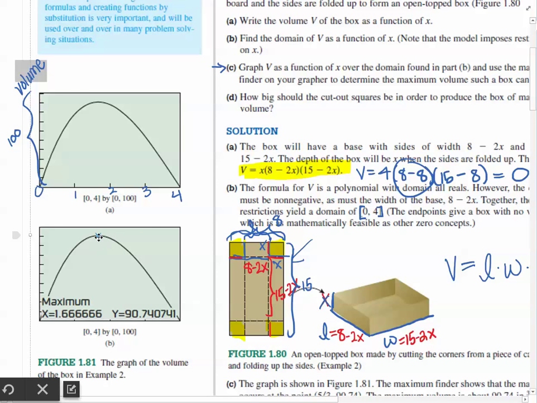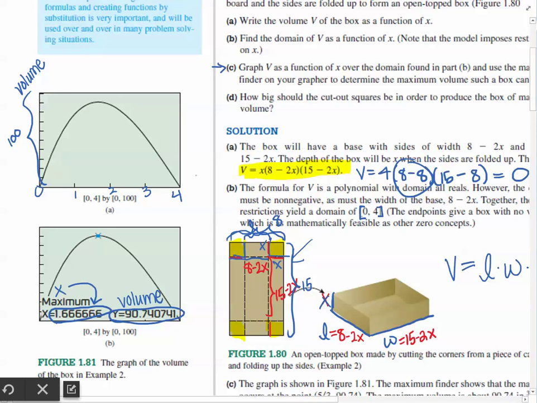Okay, so if we click on it, you can see that the point is x equals 1.666666 repeating and y equals 90.74. So that is the largest volume that you can create with x being this number of inches. Any less than that, then the volume is less all the way down to nothing.